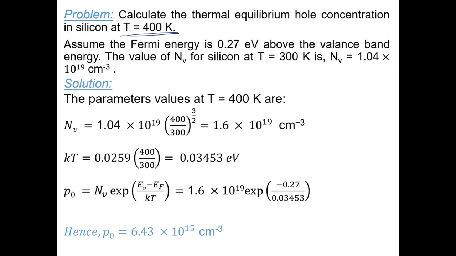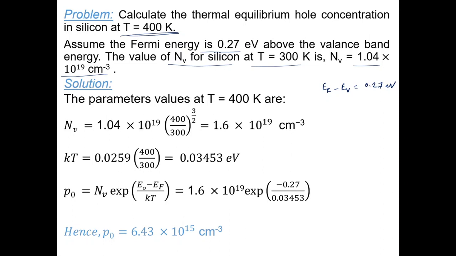Here you assume that the Fermi energy is 0.27 electron volt above the valence band, so EF minus EV is equal to 0.27 electron volt, and you have to assume the value of NV for silicon at 300 Kelvin, which is given as 1.04 into 10 to the power 19 per centimeter cube. So we have the value for NV at room temperature. We have to now find the value of NV at a higher temperature.